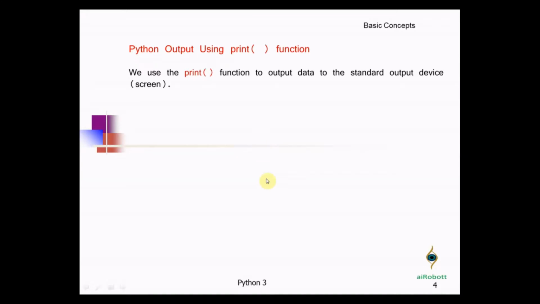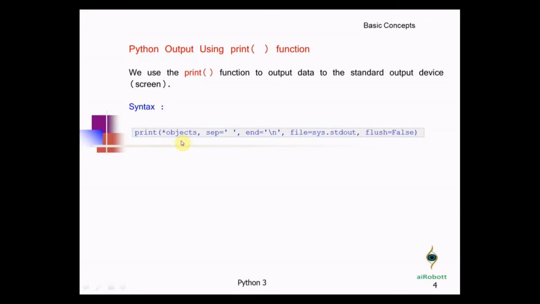Now we will see the syntax of print function. This is the syntax: print, objects, separator, end line character, file, flush. Here the objects value is the value to be printed at the output.